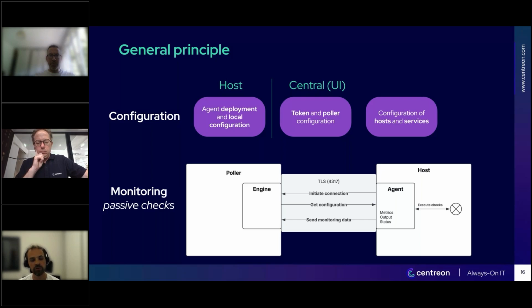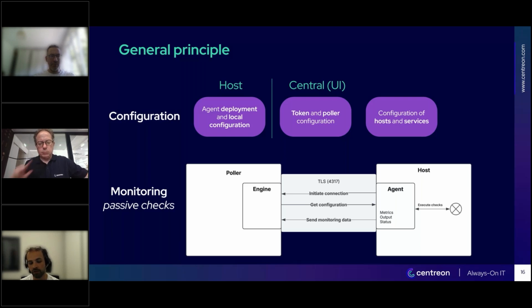So what about the monitoring? Pretty simple, not a revolution, but a secured connection. You have a poller and you have the host; the poller engine and the host have the agent. The agent will connect to the engine, or the engine can connect to the agent. I will talk about that just after. We can have two directions for the connection, which handle different functional and technical constraints.